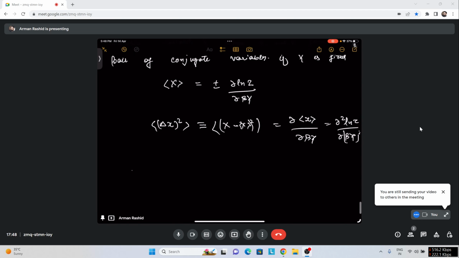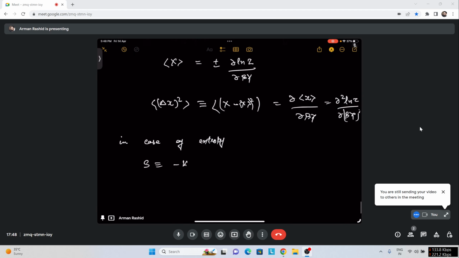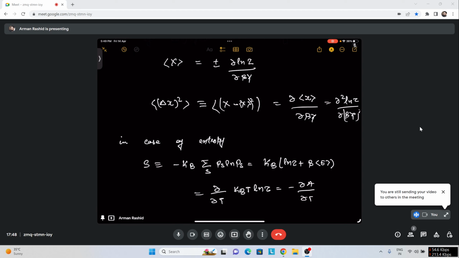Now in case of entropy, S will be given by minus kB summation over s of Ps ln Ps, which is given by kB ln Z plus beta E, where E is the expectation value, which is further given by d by dT of kB T ln Z, that is minus dA by dT, where A is called the Helmholtz function.